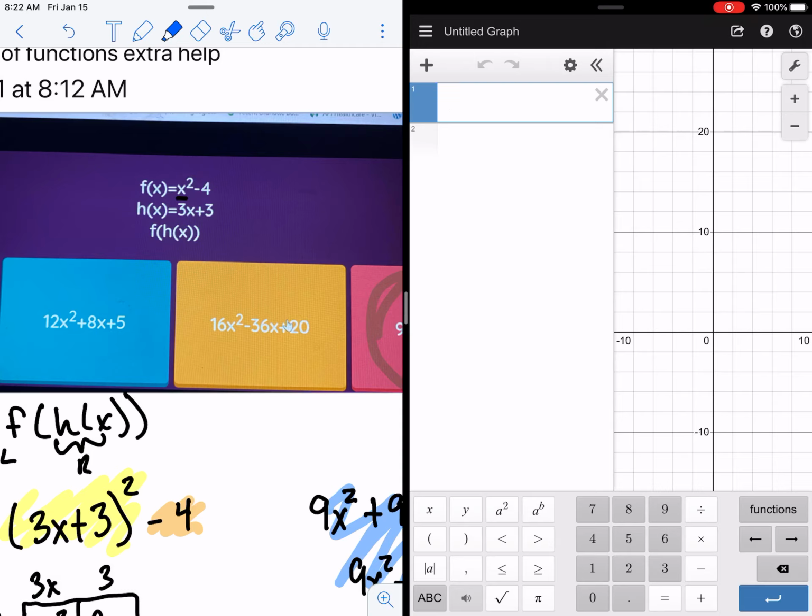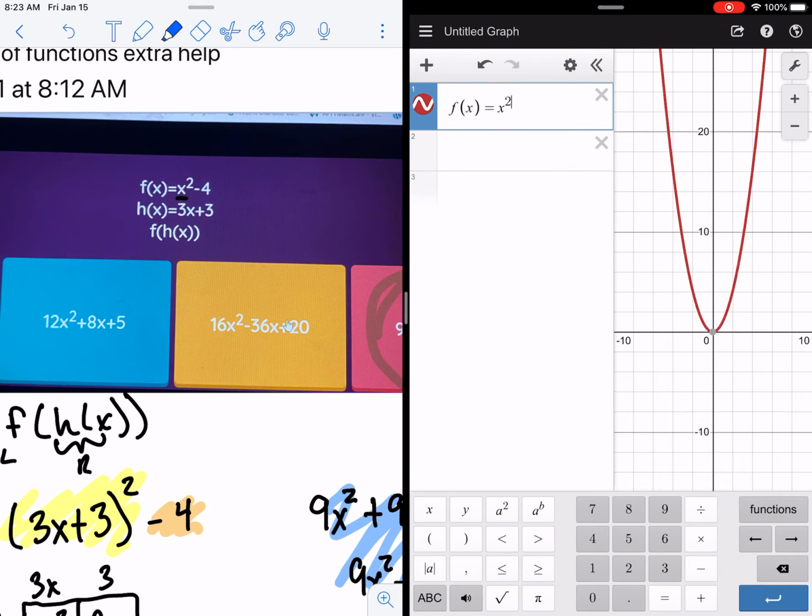So any question that involves function operations, whether it be addition, subtraction, multiplying, or dividing functions, you type what they give you and what they want you to do. So f of x, people ask me, is it important that I type f of x? Absolutely.